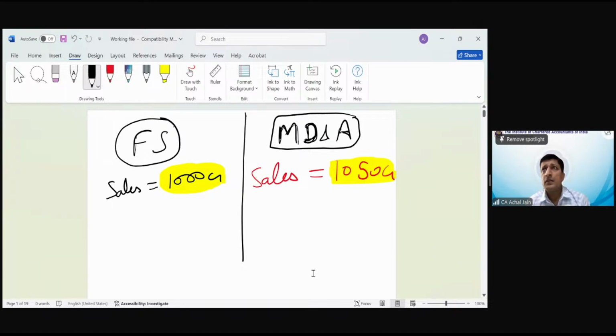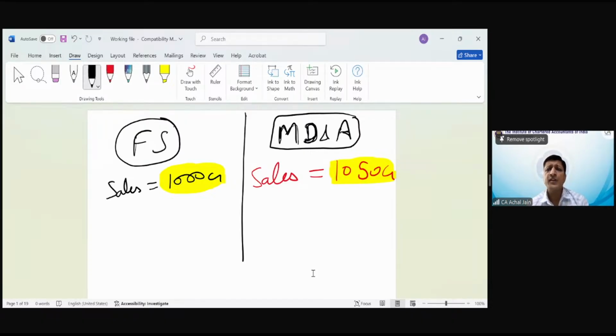Yeah, it may have been a mistake either in the financial statements or MD&A, or maybe it's been mentioned specifically for any reason. But if you are the user, you are the stakeholder, and you read this, then what will happen? How will you deal with this?